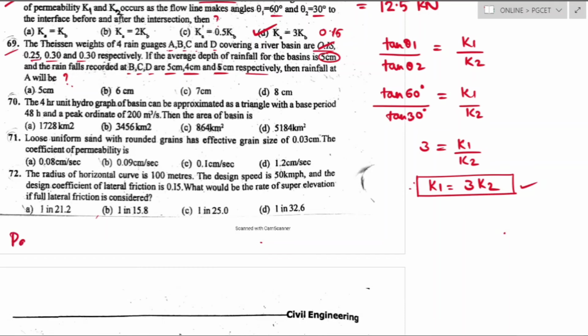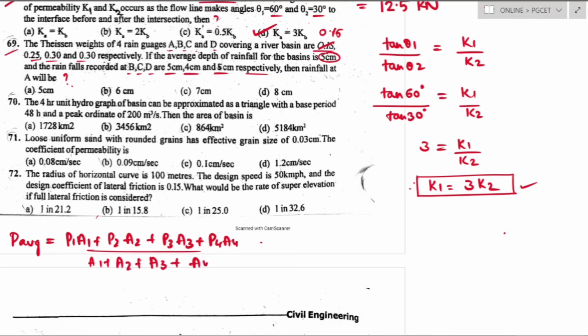Precipitation formula: P average is given by P1 A1 plus P2 A2 plus P3 A3 plus P4 A4 divided by A1 plus A2 plus A3 plus A4, that is equal to the average depth of the rainfall for the basin, 5 cm.